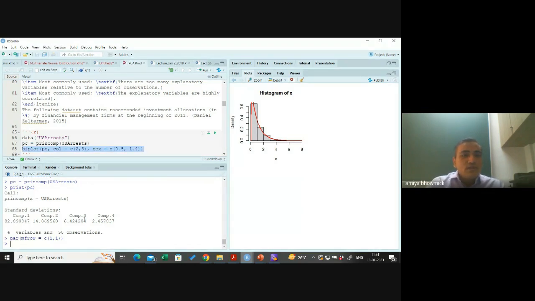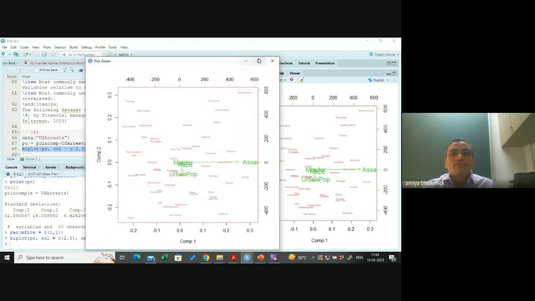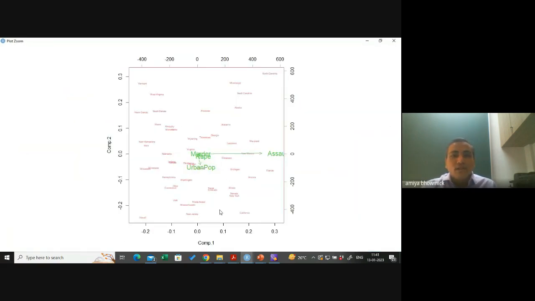So there is something called a PCA biplot, right? So this is actually principal component 1 along the x-axis. Let me zoom it. If you observe principal component 1 and principal component 2, this is the axis for y1, the axis for y2.